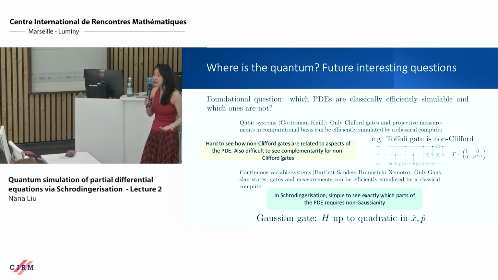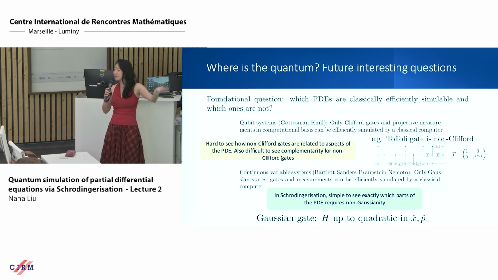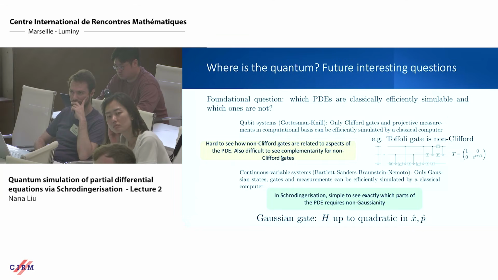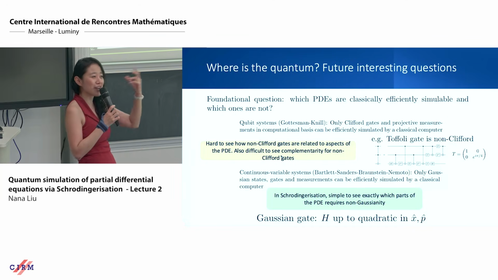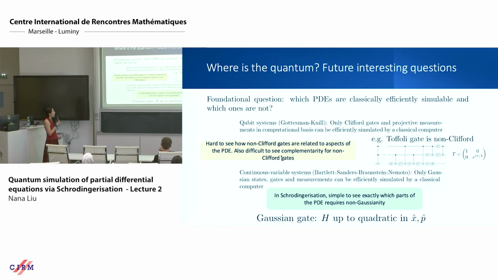It's the bread and butter of quantum optical simulations. They're the equivalent of Clifford gates. But the ones that are hard, for example, are non-Gaussian operations, which are the equivalent of non-Clifford gates.